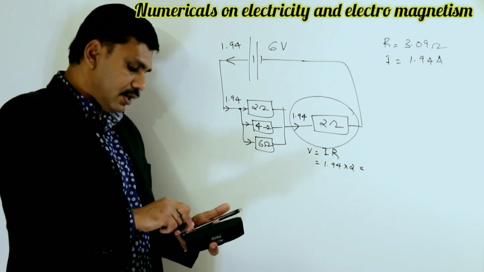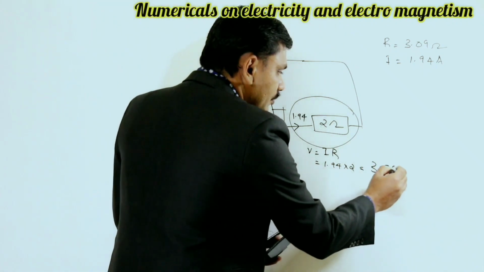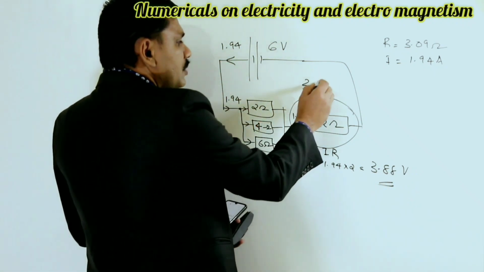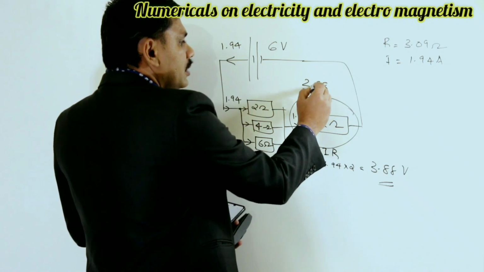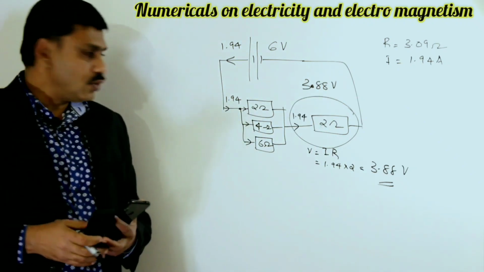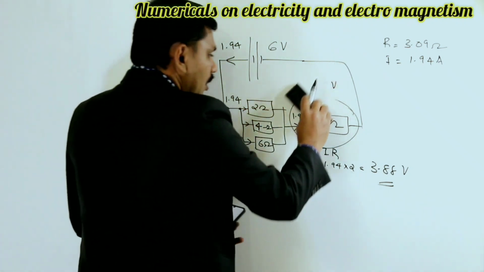It will be 3.88 volt. So across 2 ohm there will be 3.88 volt.